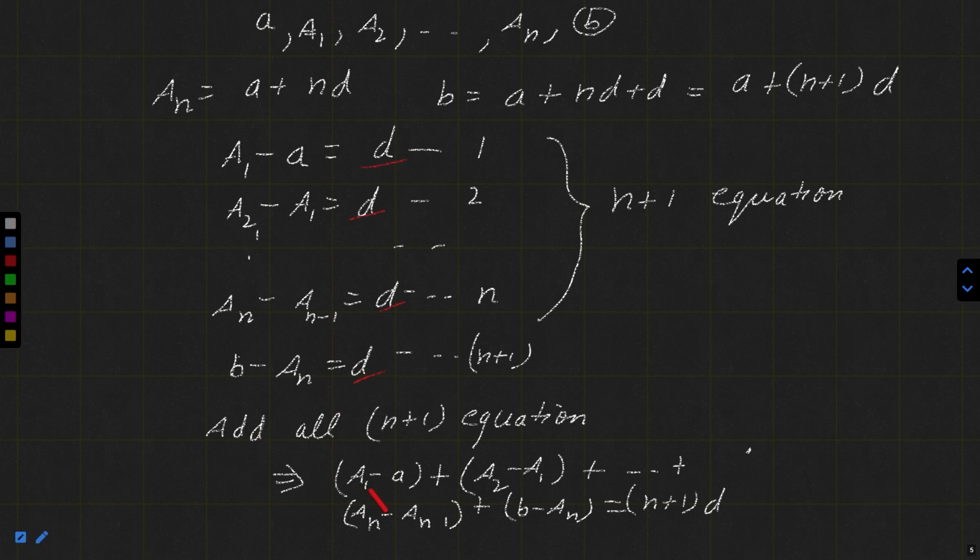Now see that A1 here is positive and A1 here is negative, so it will cancel out.